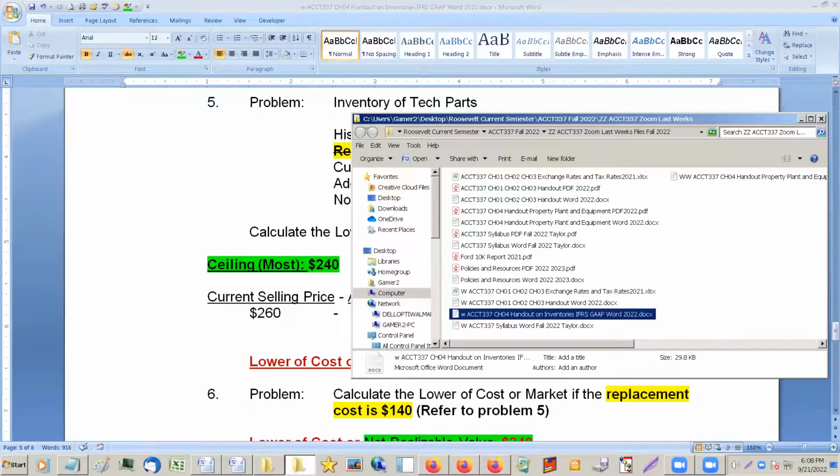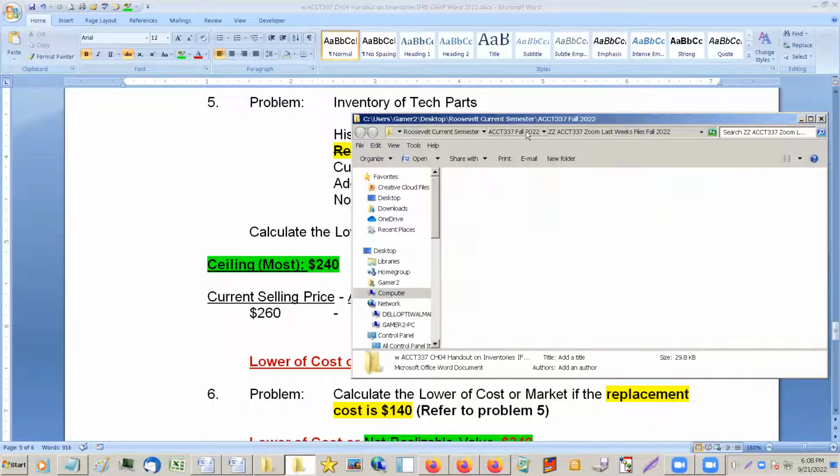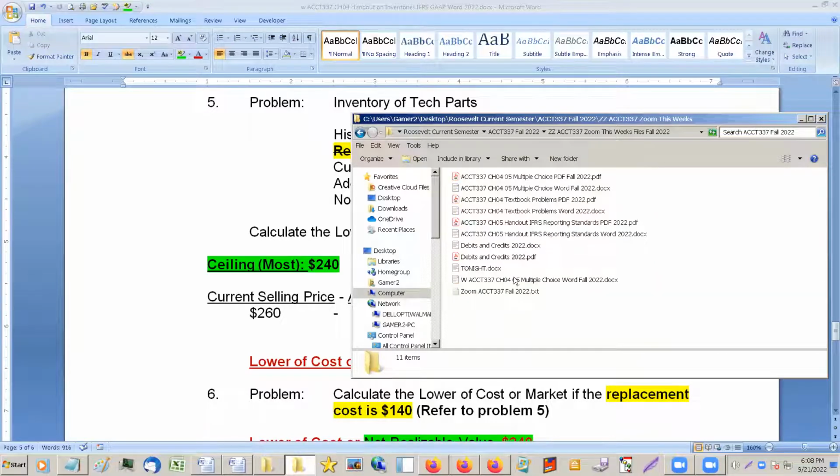All right, what we're going to look at today is the textbook problems.